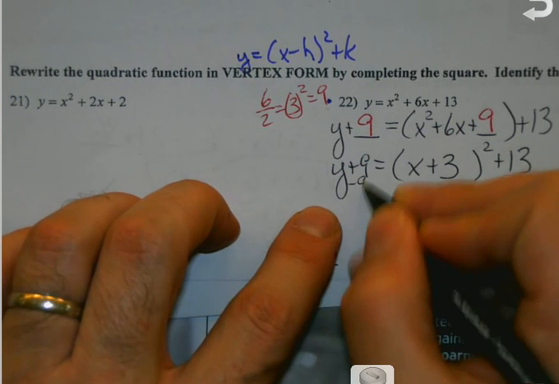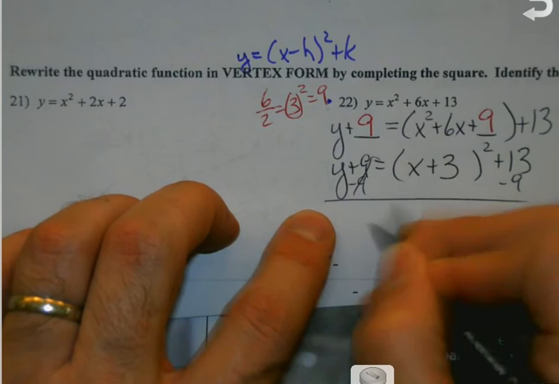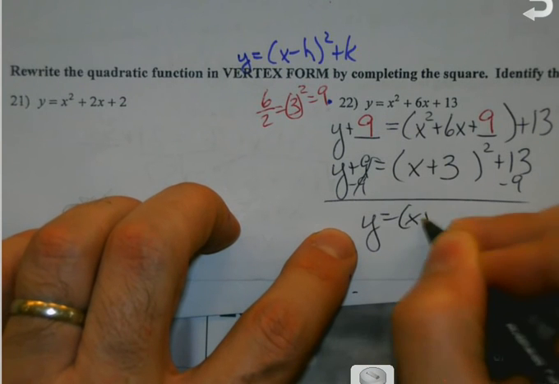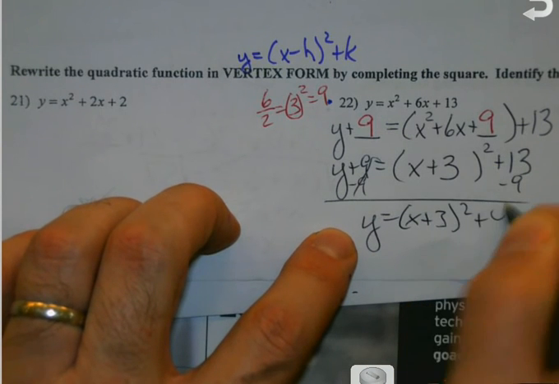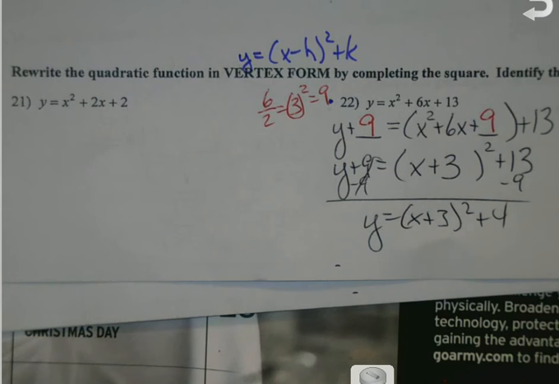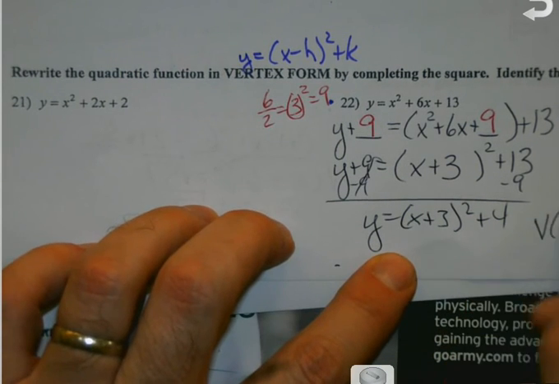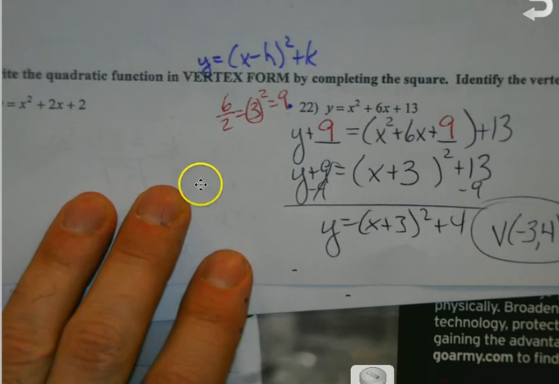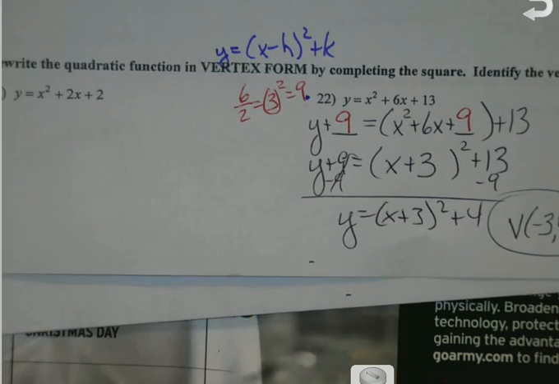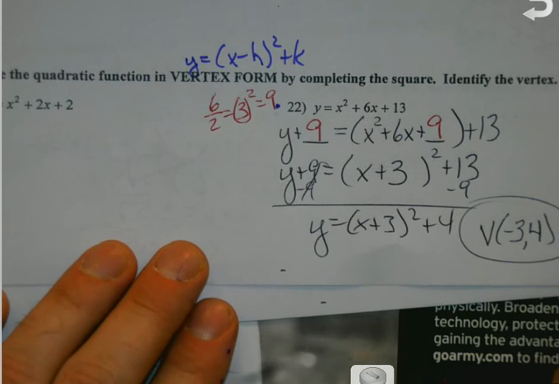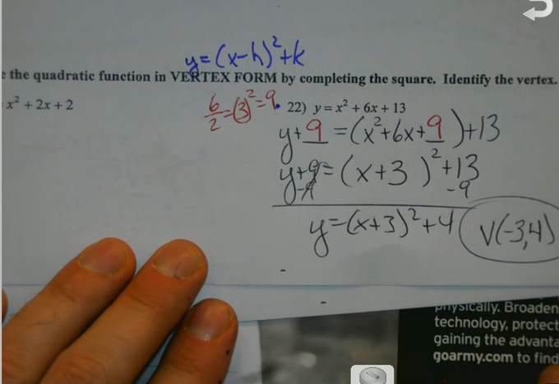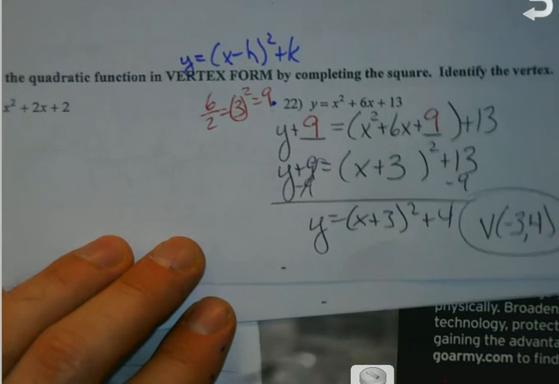All I got to do is minus the 9 over. And then it asks me to identify the vertex, which would be negative 3, 4. And that basically will take care of some of the questions from review number 1.